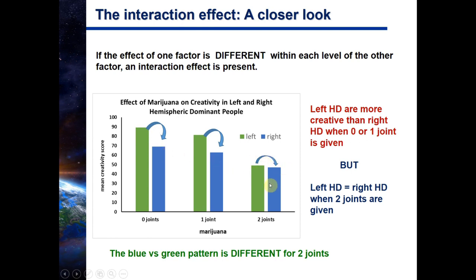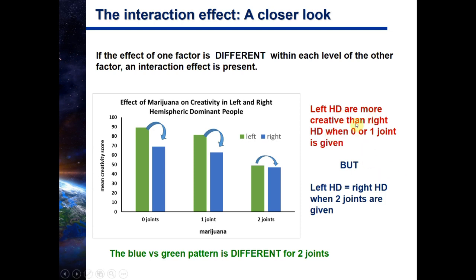However, when we look at the 2-joint group, that difference between left and right disappeared. And there was essentially no difference between the two groups. So now people would be able to understand our interaction effect.